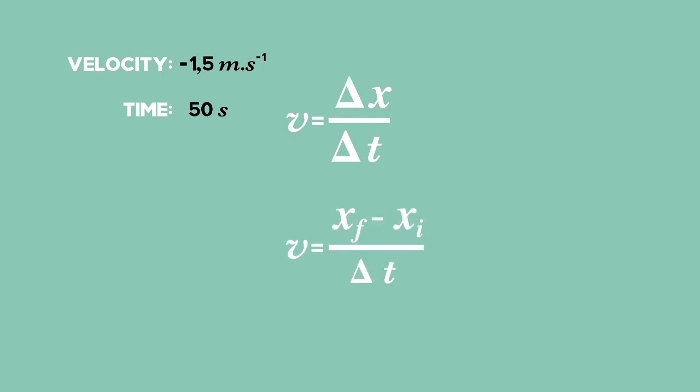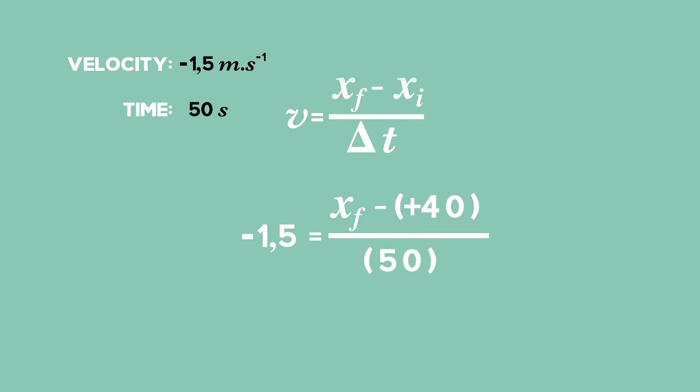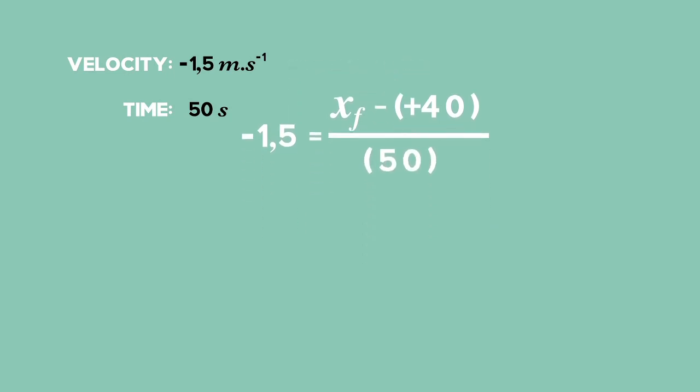If we substitute in negative 1.5 meters per second into the equation, when the initial position is positive 40, the final position comes out to be negative 35 meters.